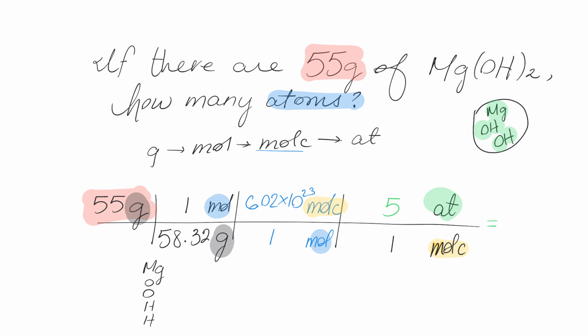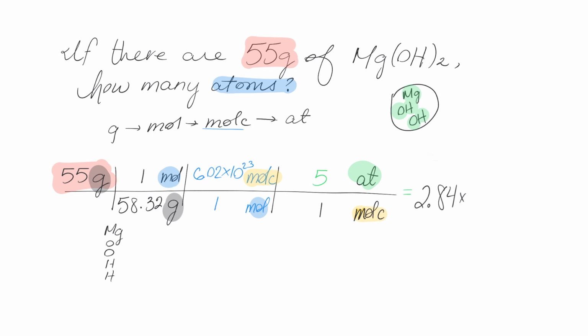Okay, so I'm going to put all of that in my calculator. I'm going to multiply across the top, and when I go 55 times bracket 6.02 times 10 to the 23rd bracket times 5 divided by 58.32, I get 2.84 times 10 to the 24th.